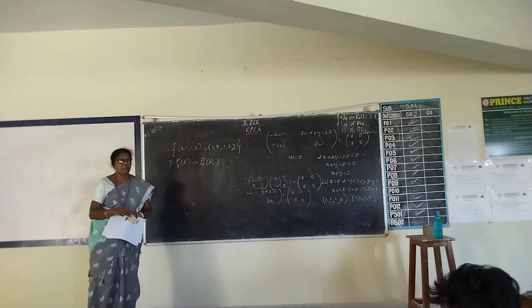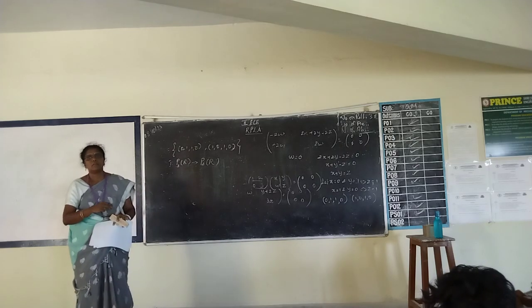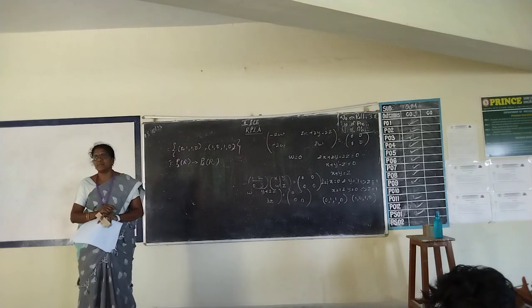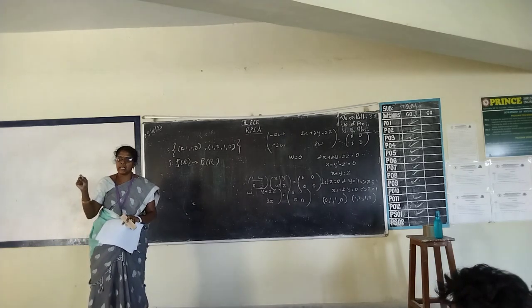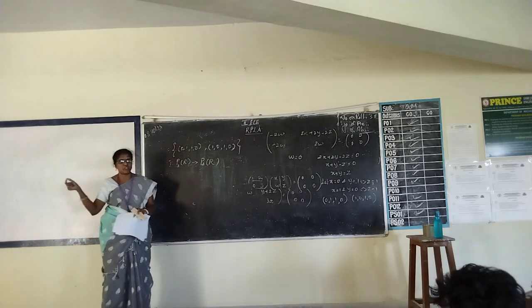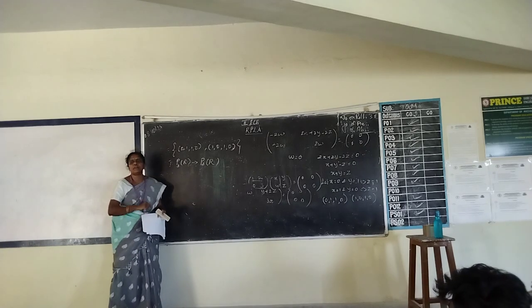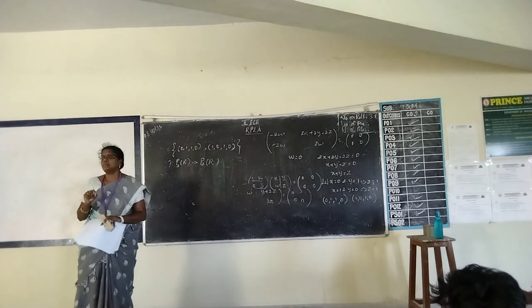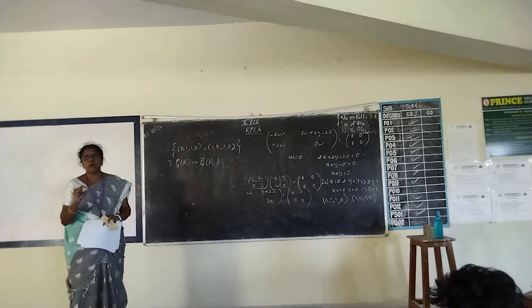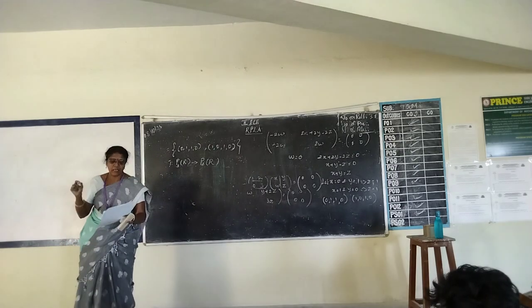How will you write the elements in P3? The general form is a0 plus a1x plus a2x squared plus a3x cubed. For P2, it is a0 plus a1x plus a2x squared, a polynomial of second degree.